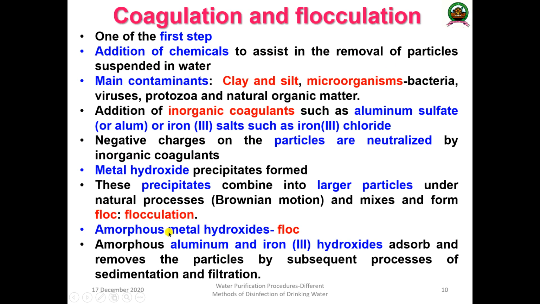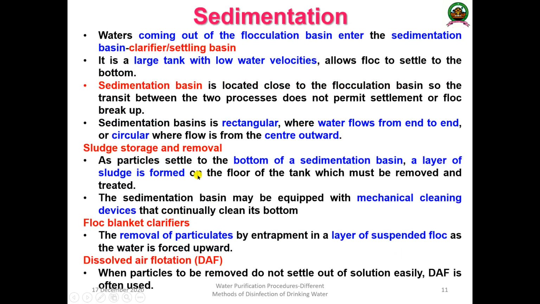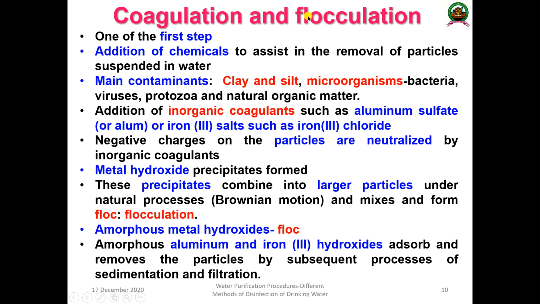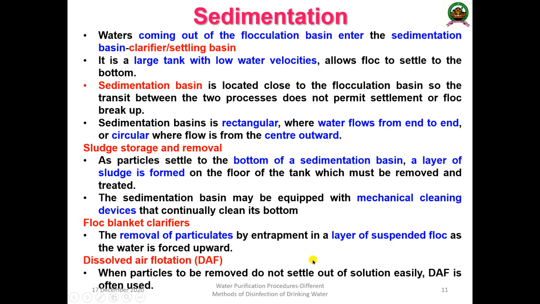The flocs, the amorphous aluminium and iron hydroxides, will settle at the bottom. The sedimentation basin is located close to the flocculation basin, so that the transit between the two processes does not permit the settlement or floc breakup.